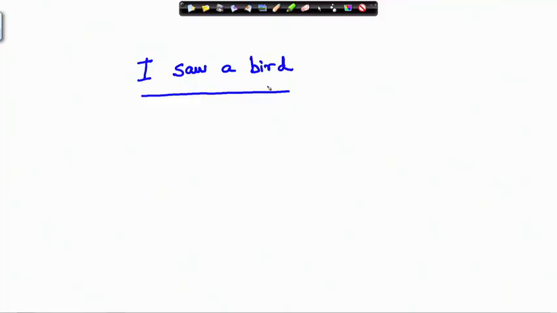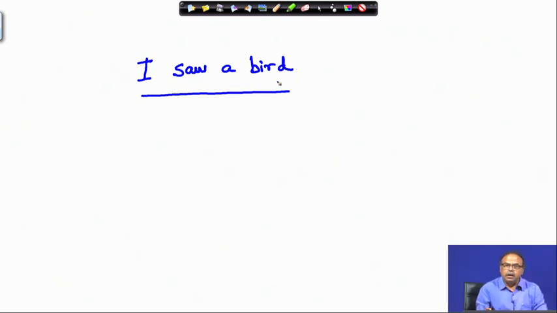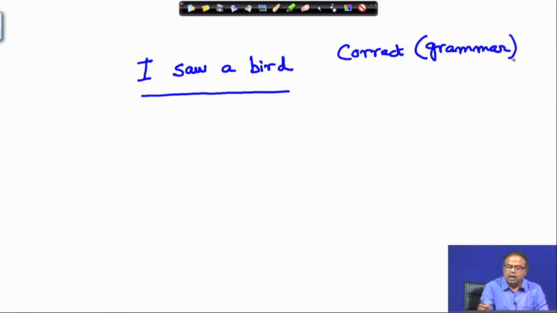Because it is grammatically correct, and also it is carrying a very clear meaning. It is a meaningful sentence, right. So, this is both correct grammatically, by grammar, and also it is meaningful.